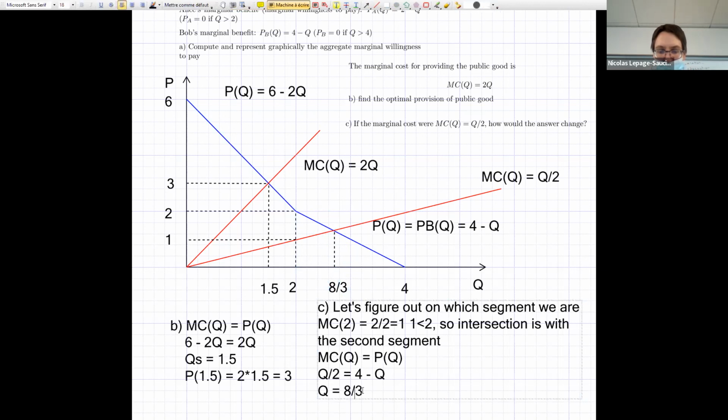And the price will be divided by 2. Just want to not confuse anybody, so we get 8 divided by 6, or 4 divided by 3.